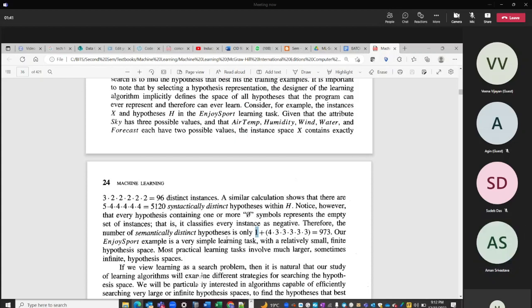To make it more correct, because if null comes in, what they are telling is that every hypothesis containing one or more null symbols represents the empty set of instances. So if any one null comes in, that entire set is a negative instance. So it classifies every instance as negative.